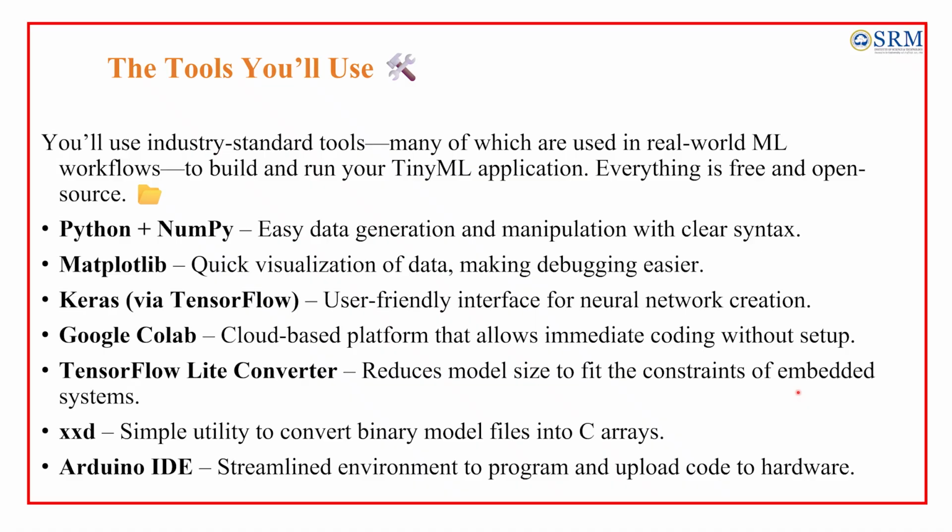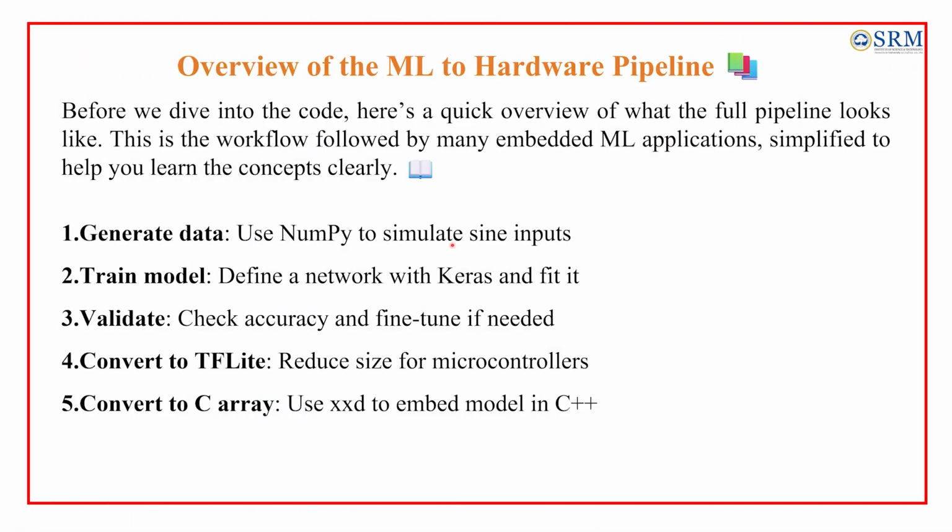Now that we know the tools, let's see how the entire ML hardware pipeline connects. This is an overview of the ML-to-hardware pipeline, the big picture end to end. Step 1, generate data: we simulate the sine wave values using NumPy. Step 2, train the model with Keras, teaching it the sine function. Step 3, validate performance: check if the prediction matches the true value.